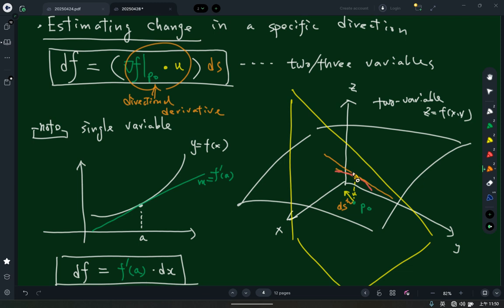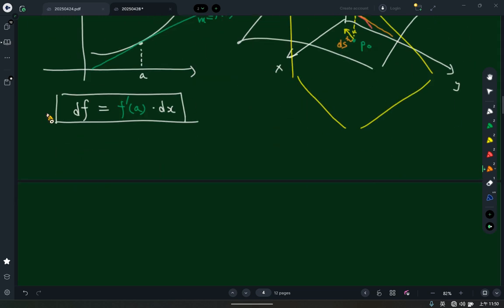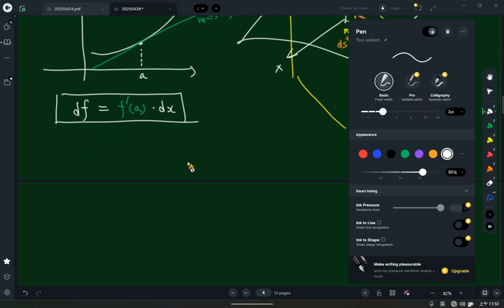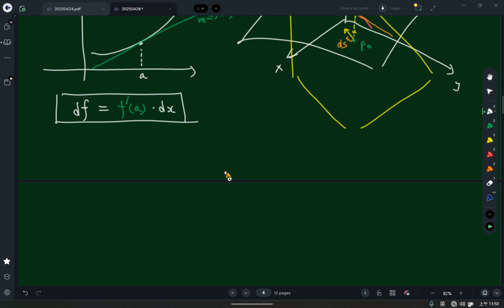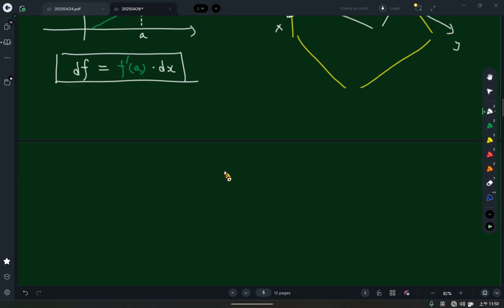Okay, let's just go over the concept by using one example.